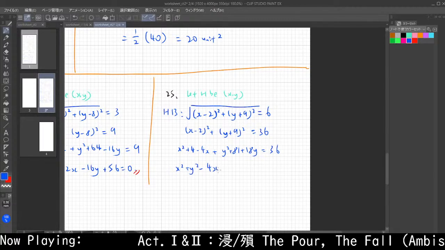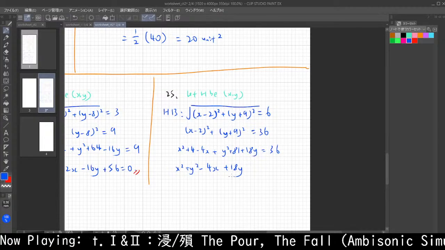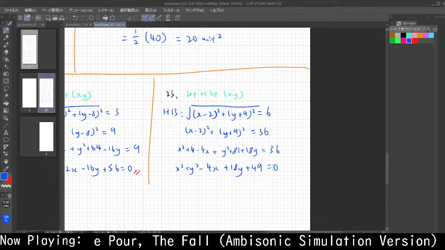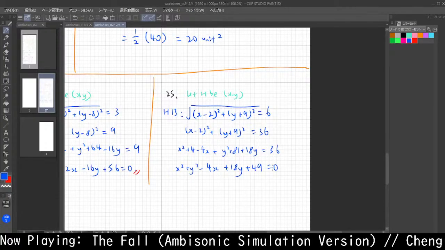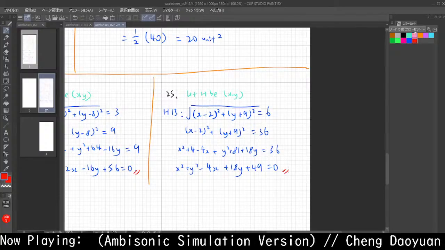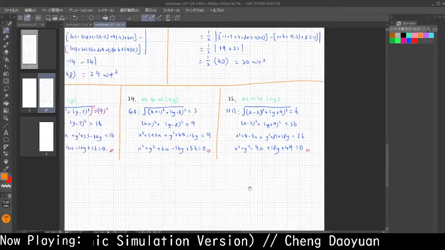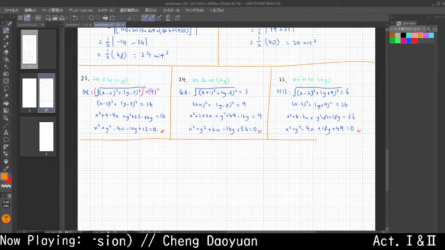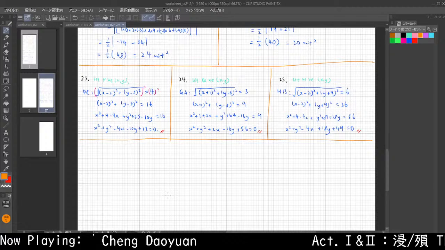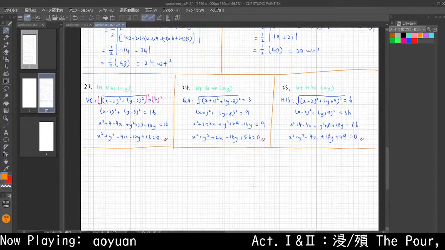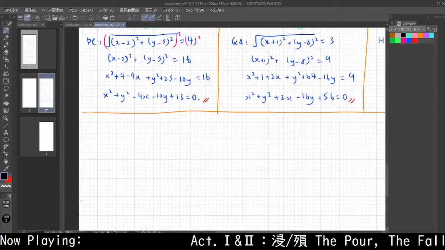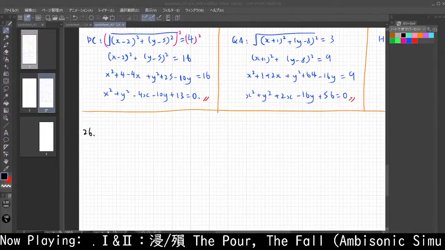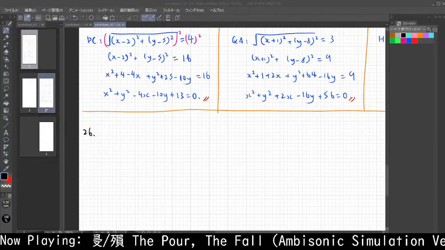Collect like terms. Minus 4x plus 18y. Number 85 minus 86, 49. Anything else you need to do? Cannot simplify? Answer. 26 to 28 are the ratio questions.